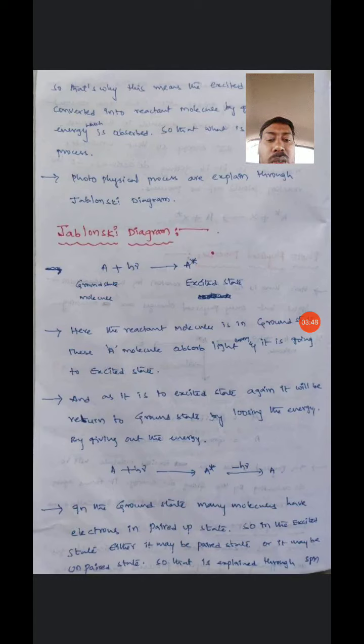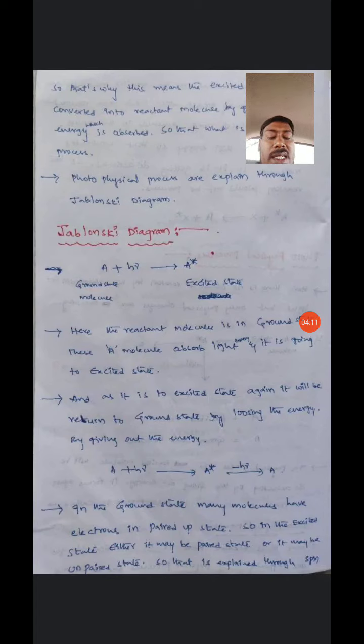Then again it returns to the ground state by losing energy, or by giving out the energy.